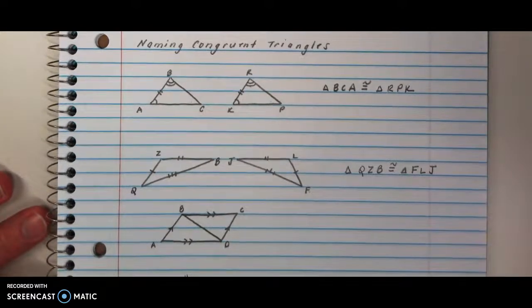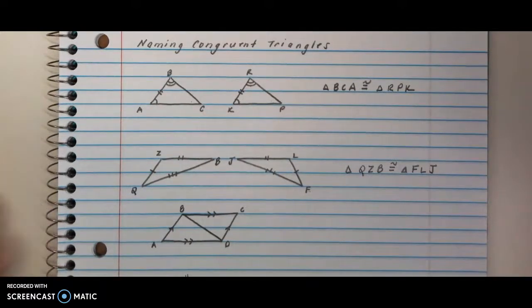So let's take a look down here at a parallelogram. This is going to be a common figure that you're going to experience throughout this course in geometry. And in a parallelogram, hopefully we know that opposite sides are both parallel and congruent.